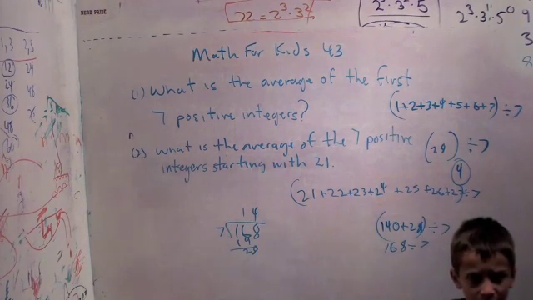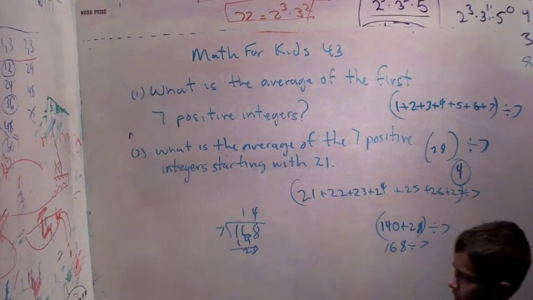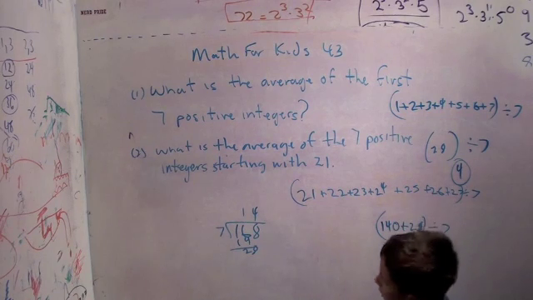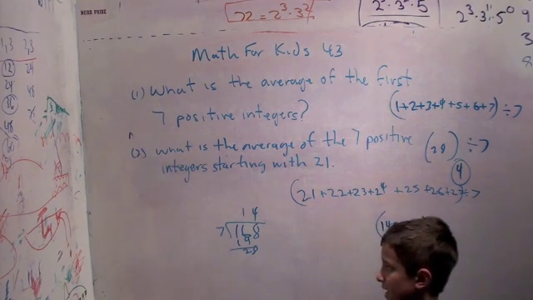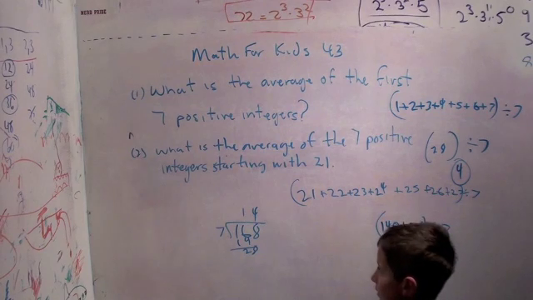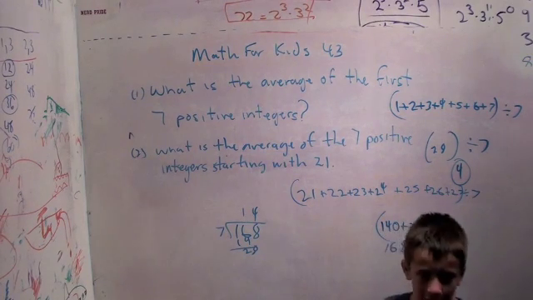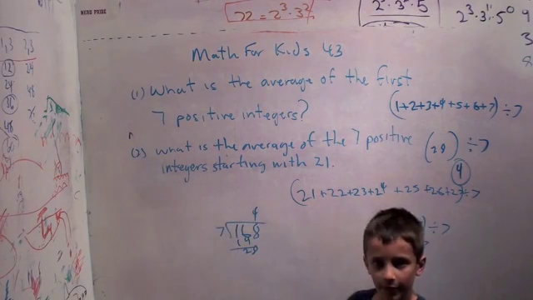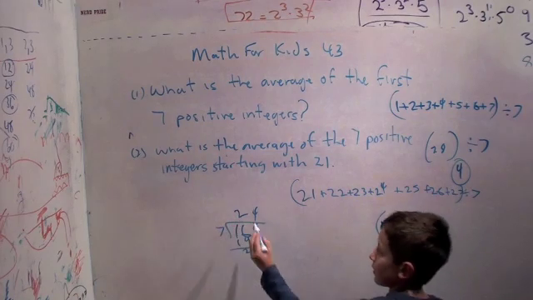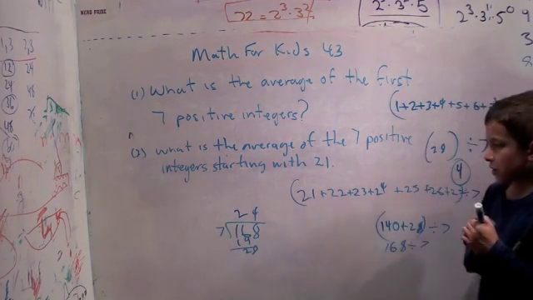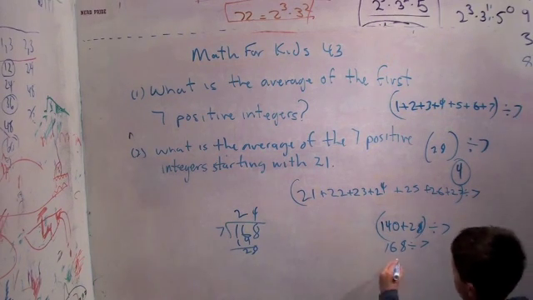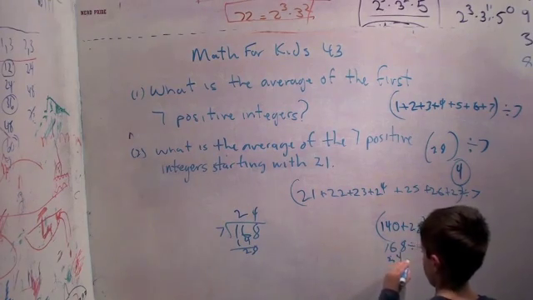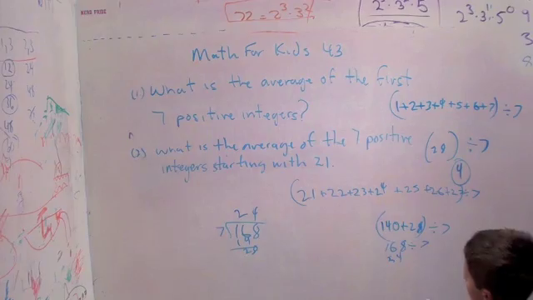What's 7 times 14? 7 goes into 16 twice. Sometimes 24, I mean. So what's the average? The average is 24. Okay, why don't you write that down?